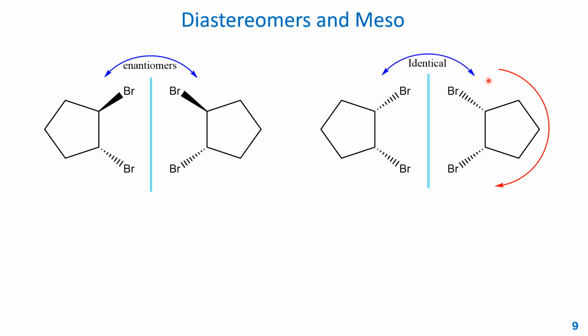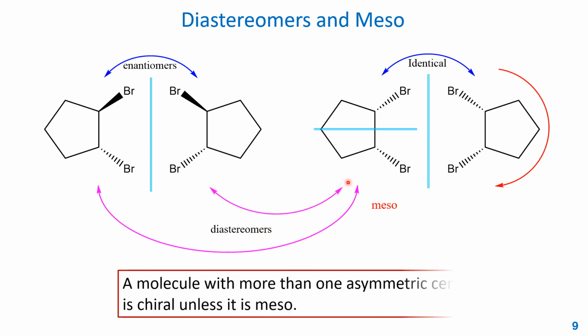So it's identical, and this is a meso compound. Okay, and of course, you can find an internal mirror here, an internal plane of symmetry. So that's why this is meso, and this has more than one asymmetric center. Now, that's diastereomers, and that's also diastereomers.